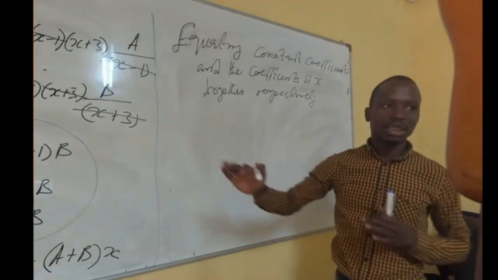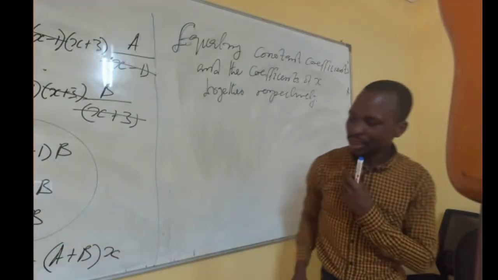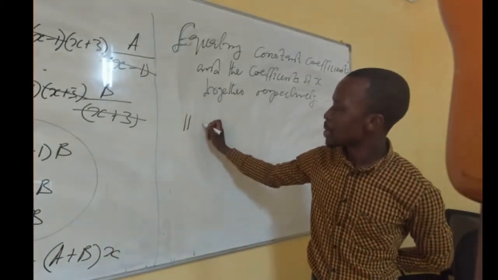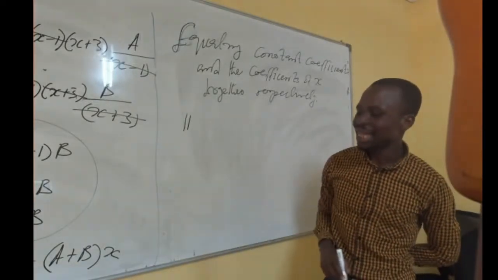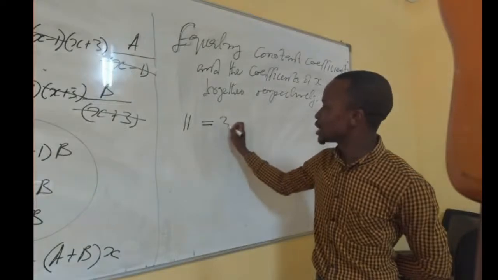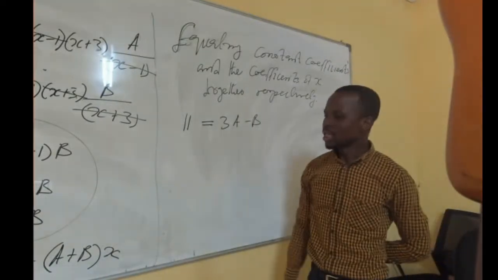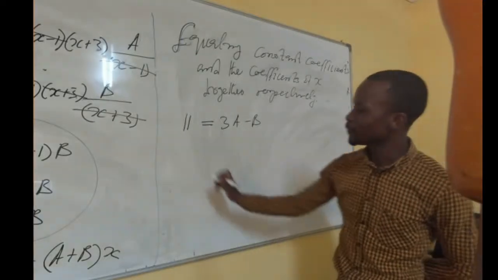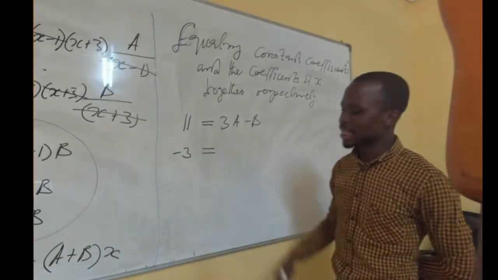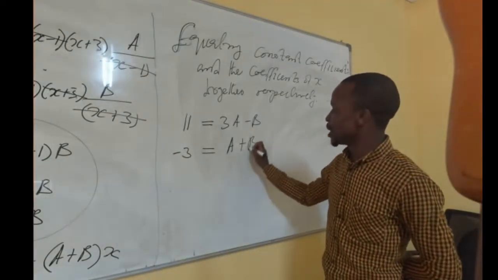Now let's look at the sides. On the left-hand side, the constant coefficient is 11. On the right-hand side, the constant coefficient is 3a minus b. Again, on the left-hand side, the coefficient of x is negative 3. On the right-hand side, the coefficient of x is a plus b.